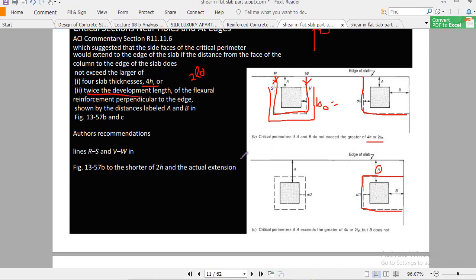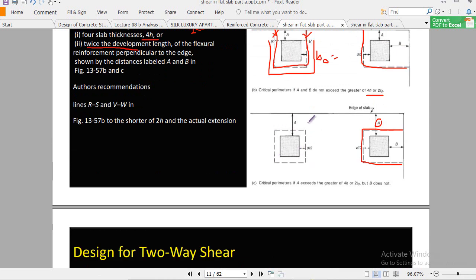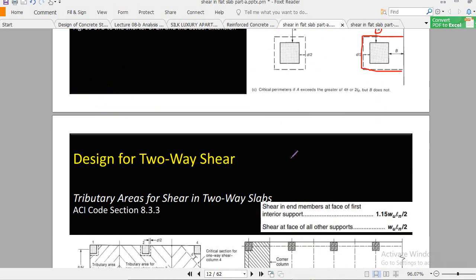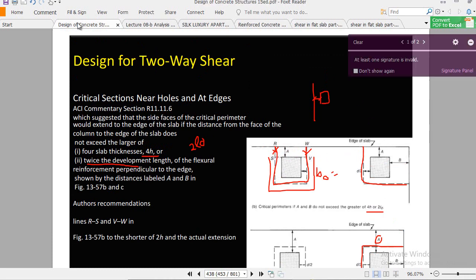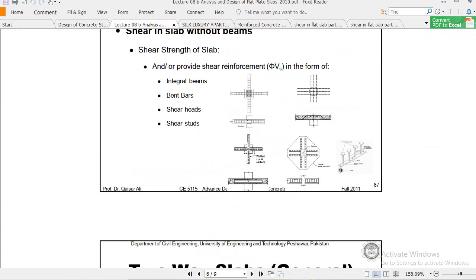And inshallah you will see, we will do this in our example and you will thoroughly understand it, okay? You see, in the case of an edge column, now this A fulfills the criteria, so in that case our parameter is this one, okay? But here you see the full parameter. So this is how these two criteria work. For a conservative approach, you can just take the parameter as we did here, okay?